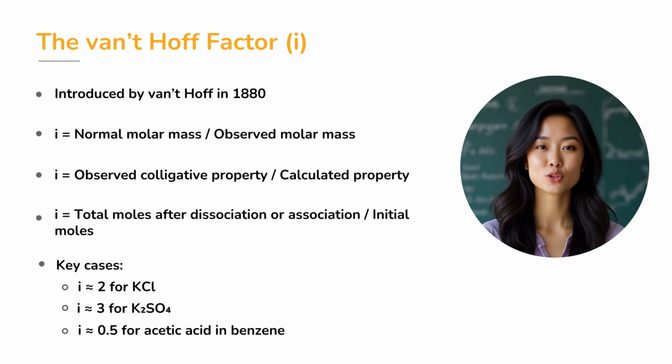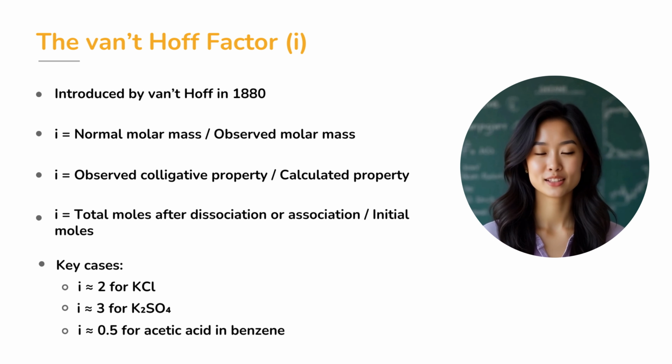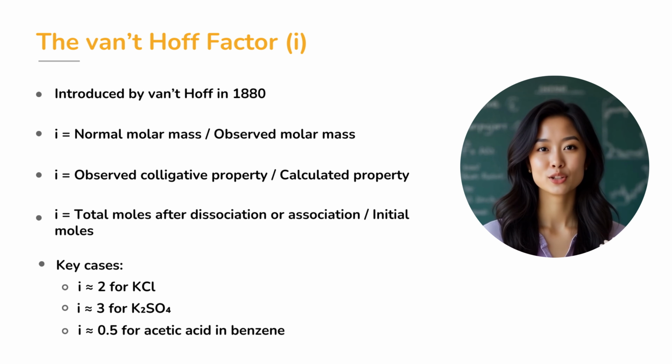To fix these discrepancies, Van 't Hoff introduced a factor, denoted by i, which accounts for the actual number of particles. The Van 't Hoff factor is defined as i equals normal molar mass over abnormal molar mass, or i equals observed colligative property over calculated colligative property, or i equals total moles after association or dissociation over initial moles before change.